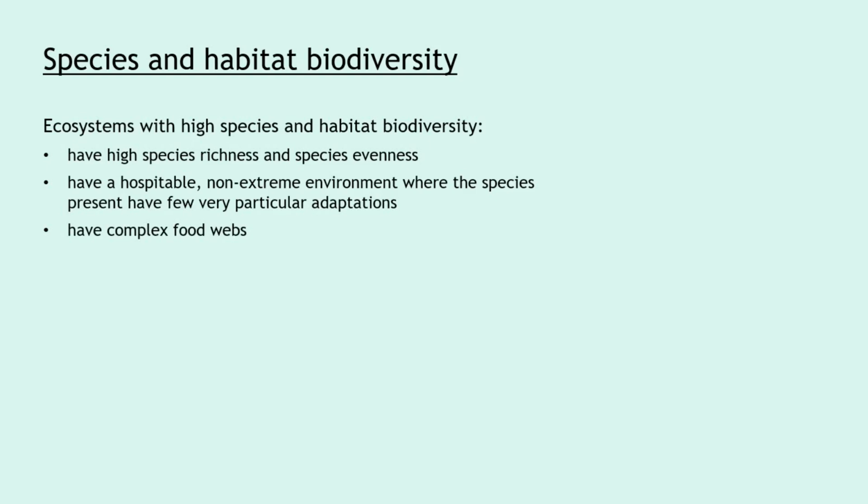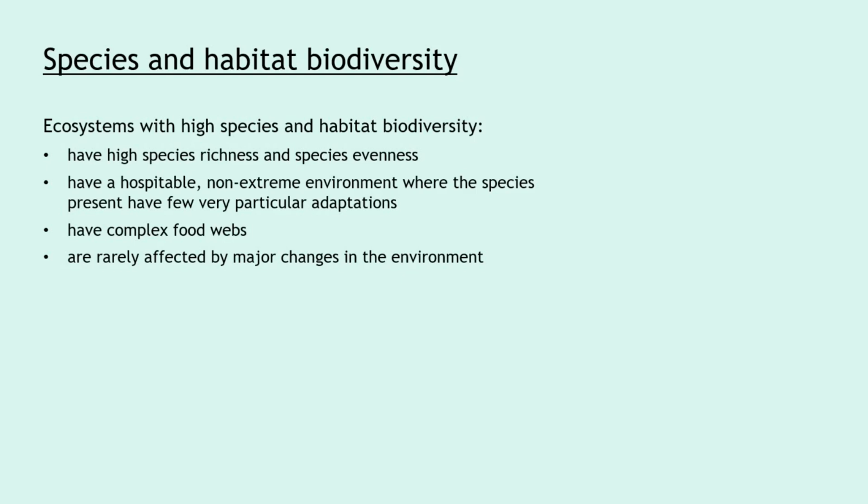And lastly, as we just saw, such ecosystems will be rarely affected by major changes to the environment. Even if one species is wiped out by a selection pressure, then all the other species can still survive because of the stability of the ecosystem.